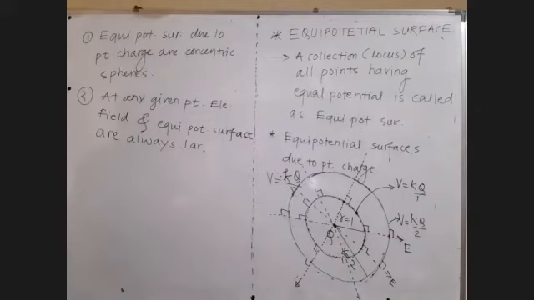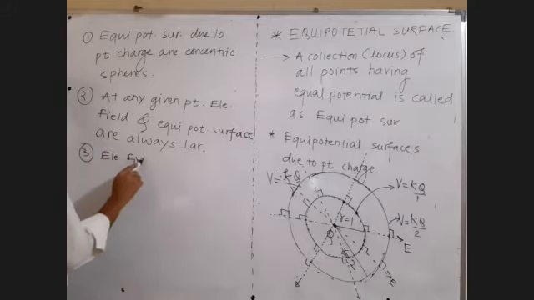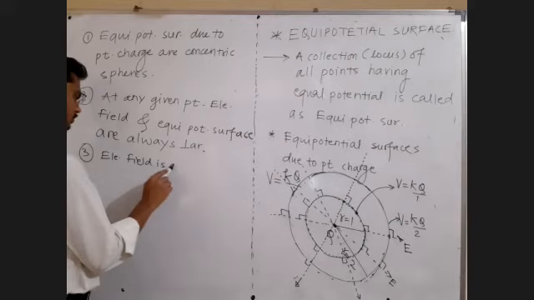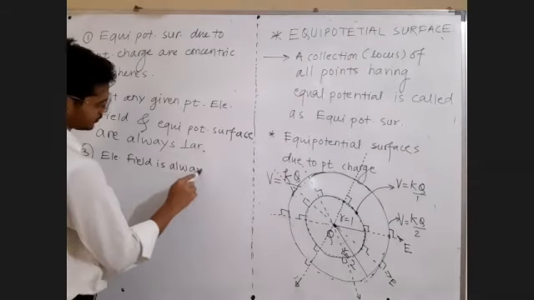Next, electric field is always directed from higher potential to lower potential.